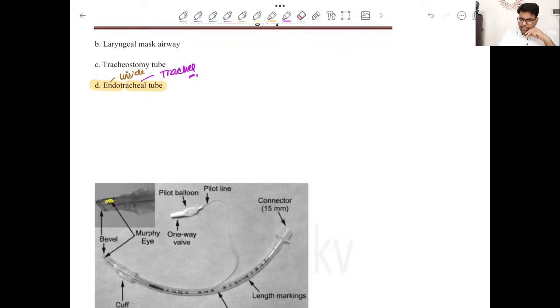So this opening is known as the Murphy's eye, right? And what is the purpose of this Murphy's eye? Because see, this is the usual end, but sometimes it might get blocked. So this Murphy's eye makes sure that the ventilation continues and does not stop if the tube is blocked. So it's just an alternate channel for ventilation.